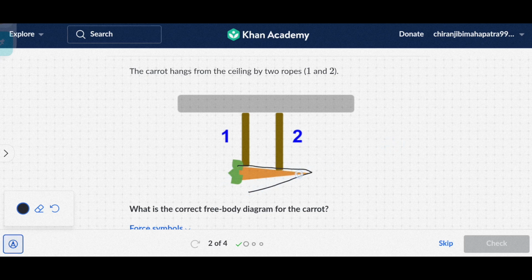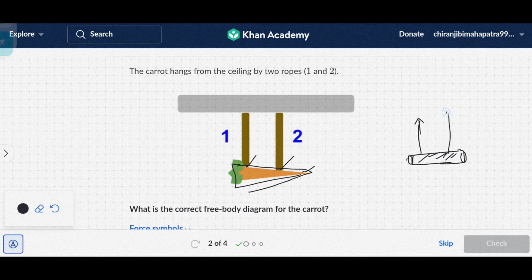Here is one contact, here another contact, so two contact forces. Actually the weight distribution matters, but here you just consider this as a normal cylinder-like thing.